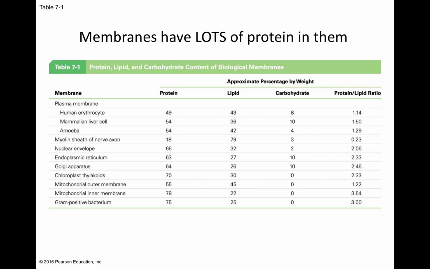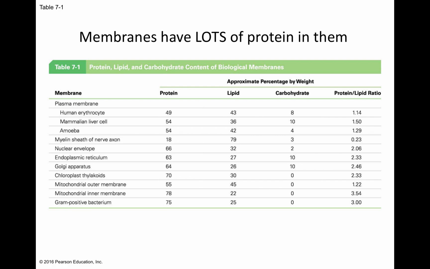A common misconception about membranes is that they're mostly lipid, and they're not. They're at least half protein by weight. If you look at all these different kinds of membranes here, the lowest percent of membrane weight that is protein is 49% protein, and that's in the human erythrocyte, and as high as 78% protein by weight in the mitochondrial inner membrane, where you have the electron transport chain.